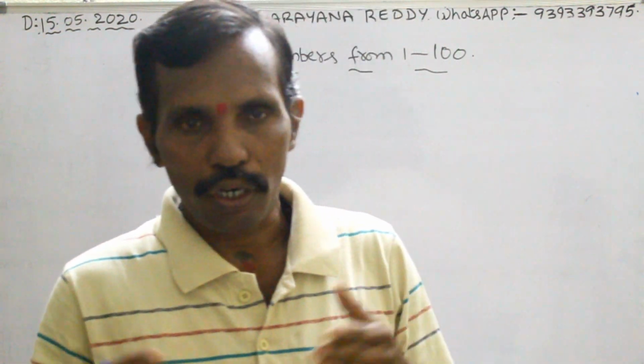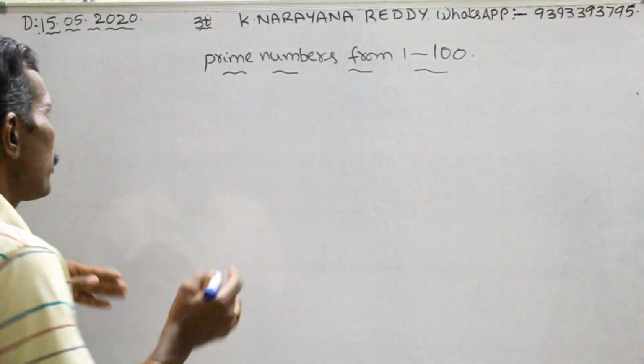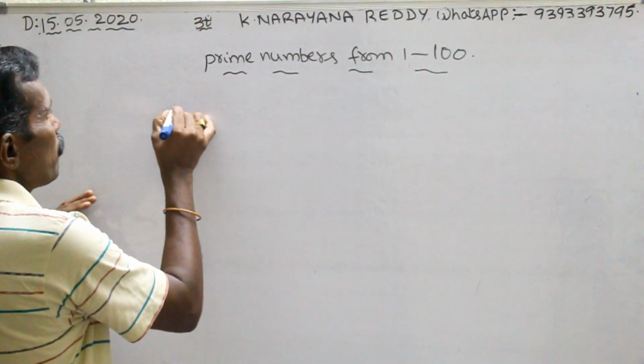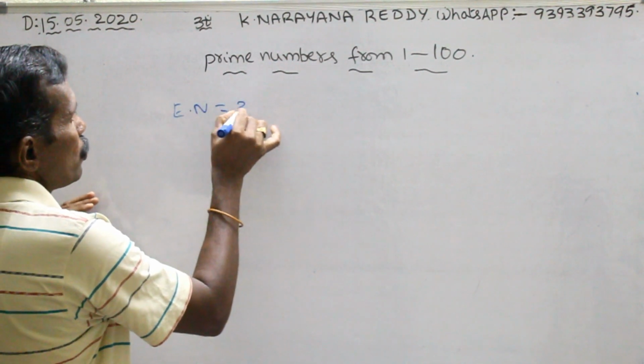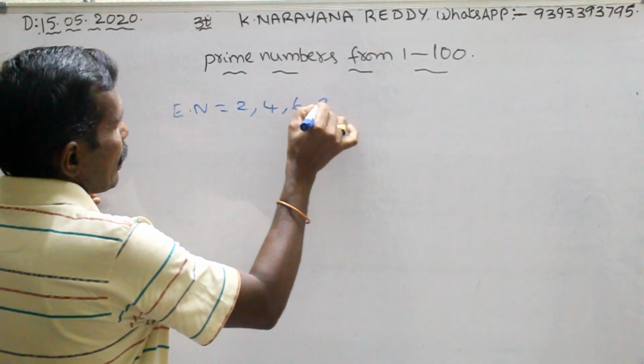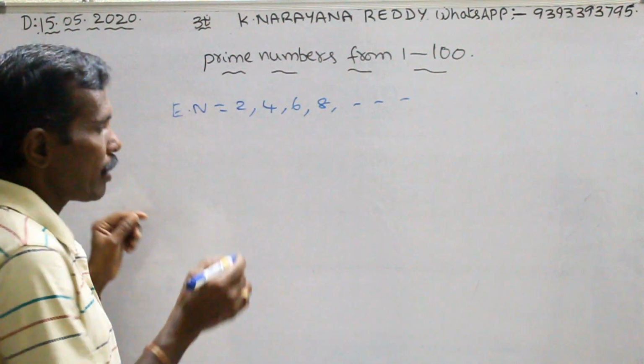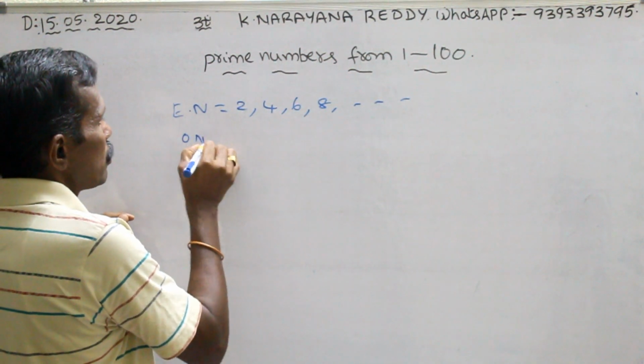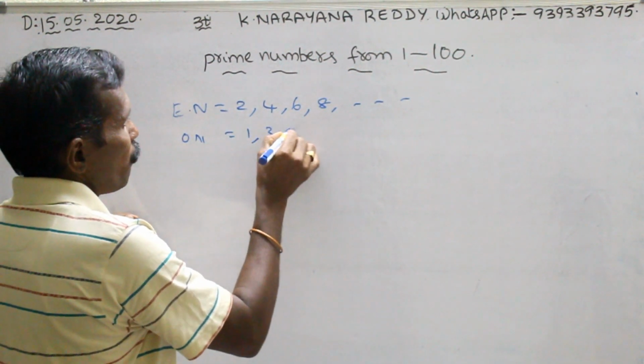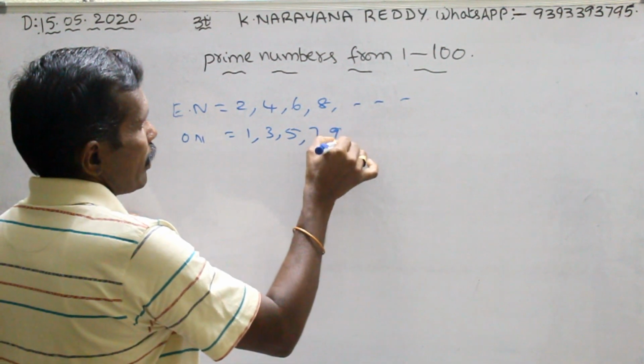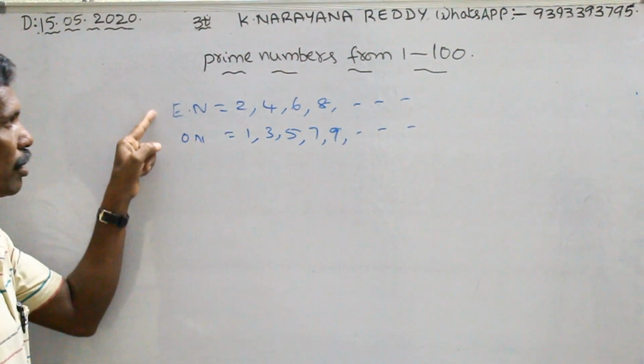What is even? What is odd? You know that. Even numbers are 2, 4, 6, 8, etc. In the same manner, odd numbers are 1, 3, 5, 7, 9, etc. So these are odd, these are even.